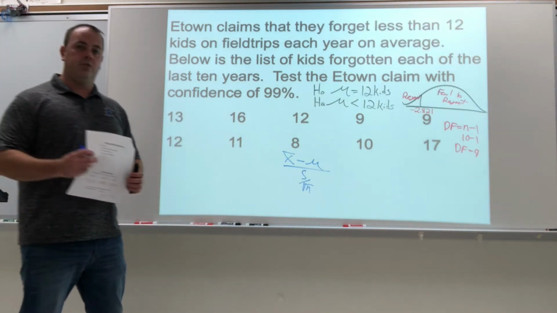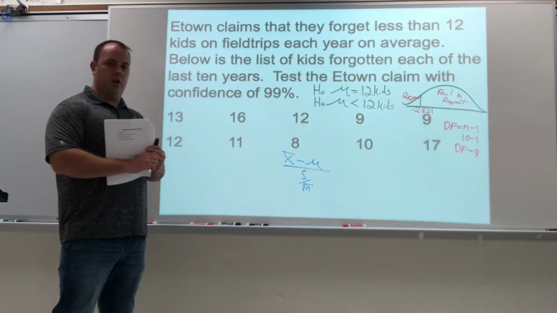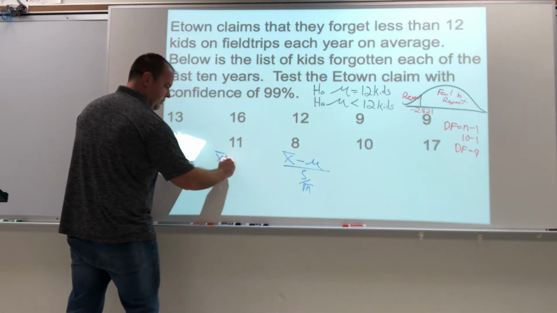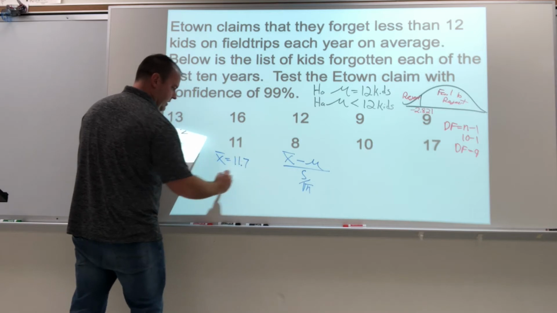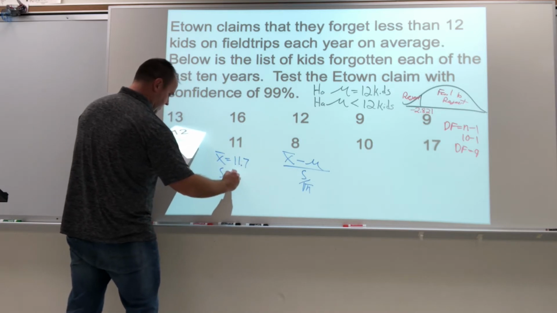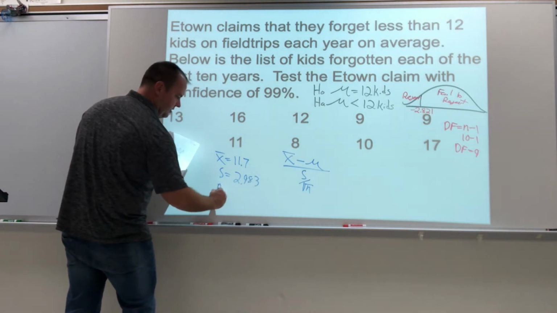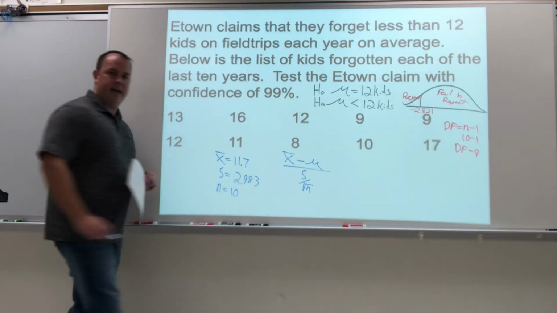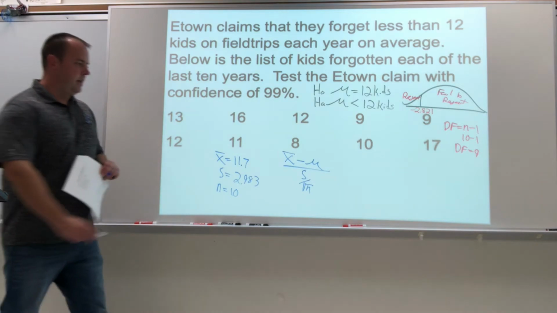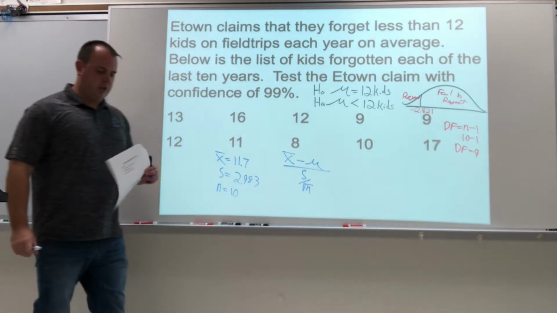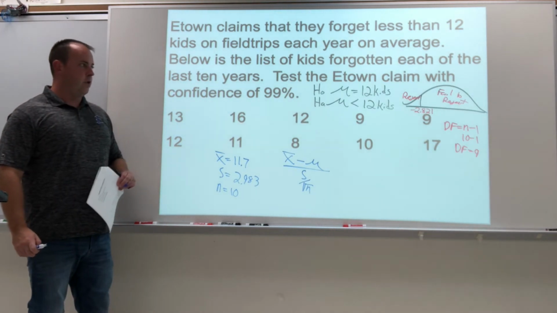Okay, so if you want to pause and do that on your own, let's make sure our numbers match up. I have our average being 11.7, standard deviation being 2.983, and our sample size being 10. Okay? The mu symbol, that's coming from our null over here. So they're the 4 pieces that we need.